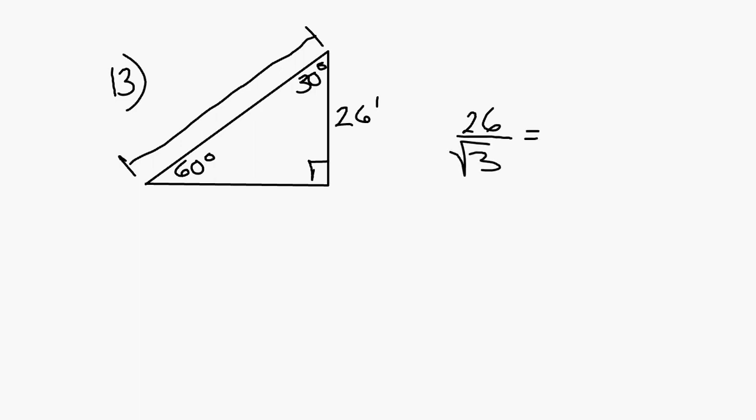Okay, so this is 15 units right here, or 15 feet. It's opposite the 30, so it's the short side of the triangle, short leg of the triangle. If you double it, it's the hypotenuse. So the first part of that question, how far do the supplies travel from one end of the conveyor belt to the other? They travel 30 feet.